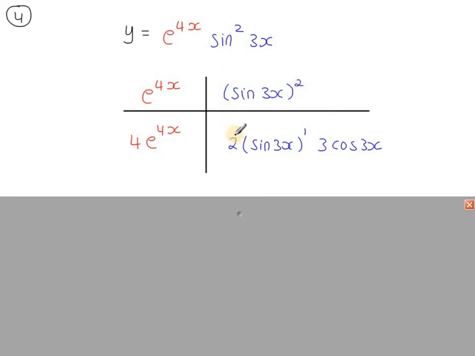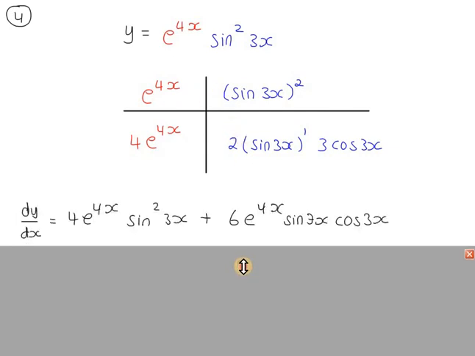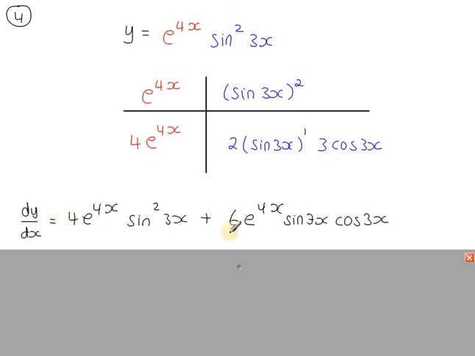So the power comes to the front, you have your sine 3x, reduce the power by 1, and then you look at what's inside the brackets, the inside function, and we differentiate sine 3x to get 3 cos 3x.